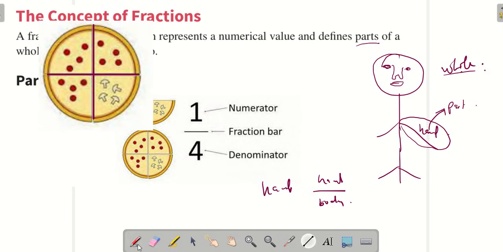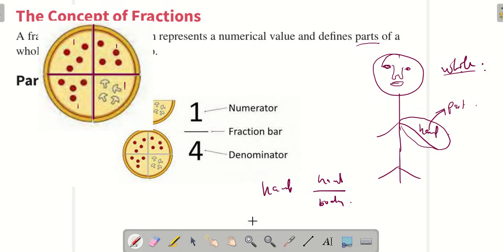Now you can see one part, another part, another part, and another part, making it four different parts. Good. They are all one, one, one, one. Let me use one to indicate that they are all one out of the four parts.